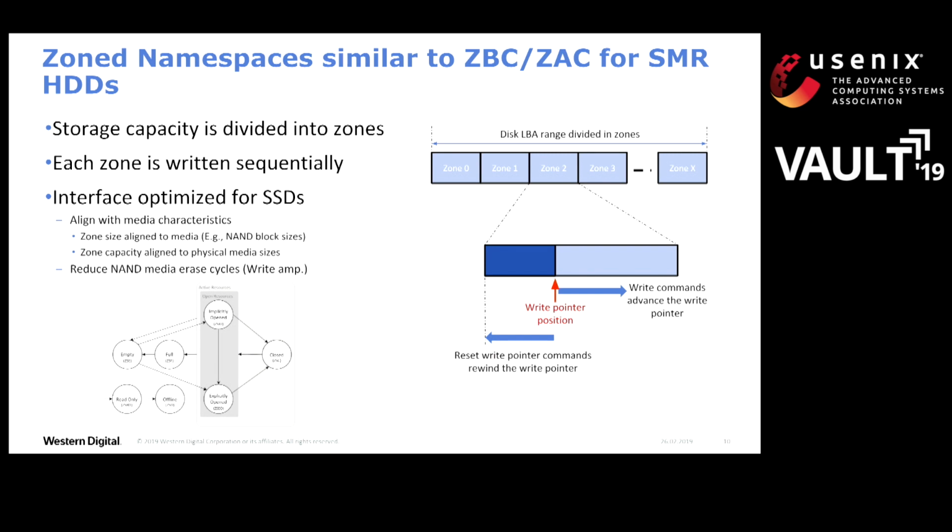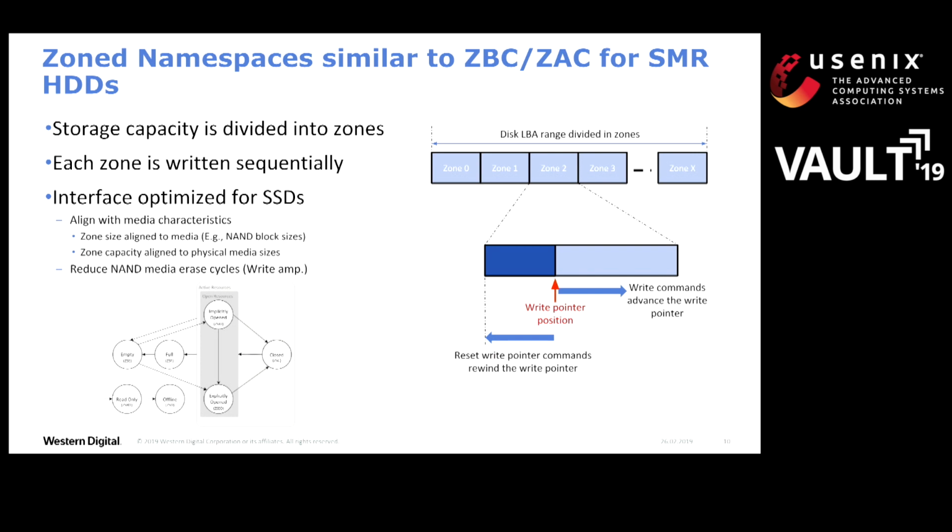Each zone is of a fixed size, so in the disk drives, it's usually 256 megabytes, but that's by convention, not by standard. It could basically be any size. Also, the host vendors would really appreciate it if it's usually a power of 2. That makes a lot of things much, much easier for the host. Not necessarily for the SSD, but that's another interesting side story. Each of these zones is written sequentially, and each needs to be erased together. I mentioned that the third time today, should stick now.